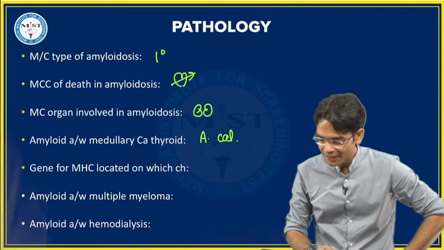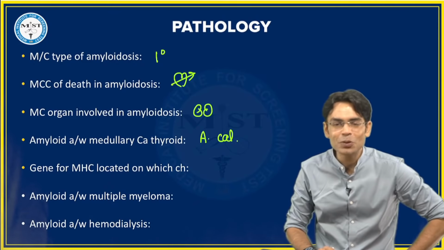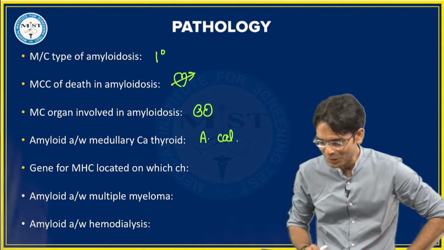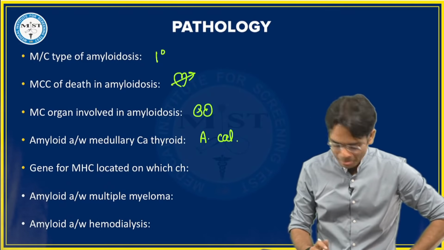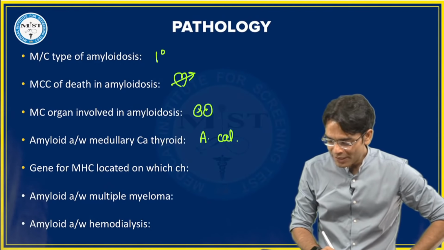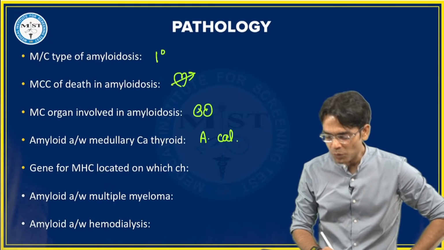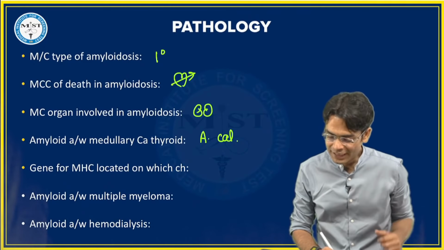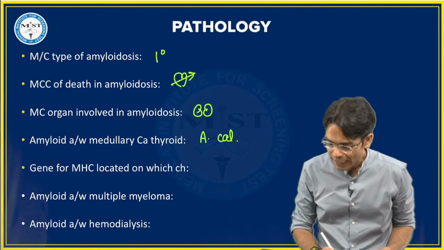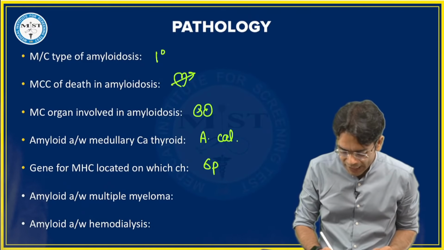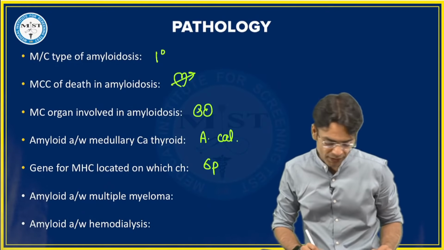Gene for MHC is located on which chromosome, beta? Tell me the chromosome number quickly. Yes, Medico, you are right. It is on chromosome number 6 and in the small arm, 6p.